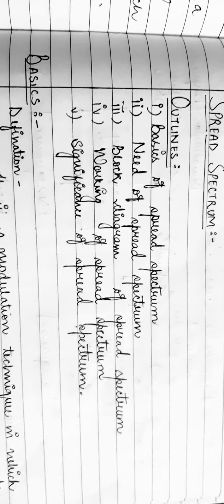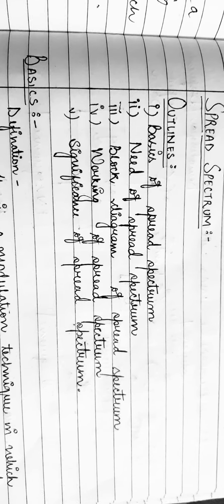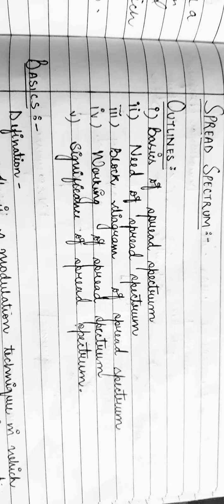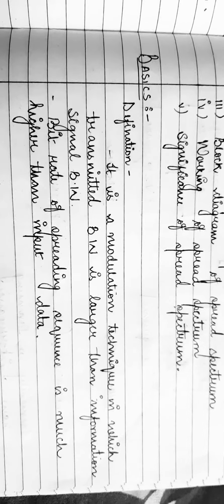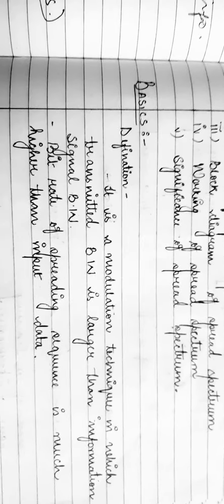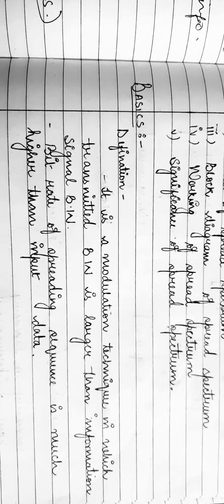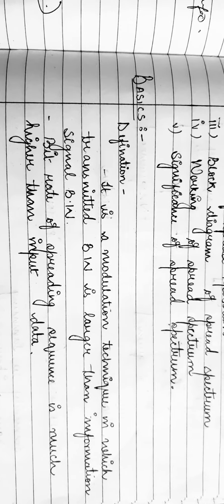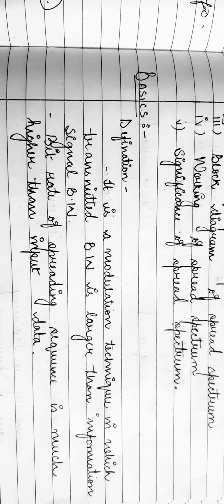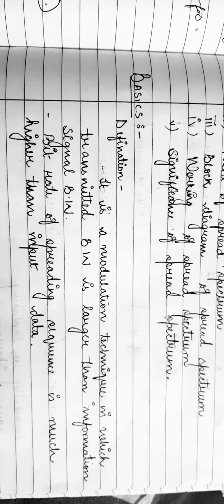So it is basically a technique where we can increase the bandwidth of your information. The basic definition: it is a modulation technique in which the transmitted bandwidth is larger than the information signal bandwidth. Here the bit rate of the spreading sequence is much higher than the input data.